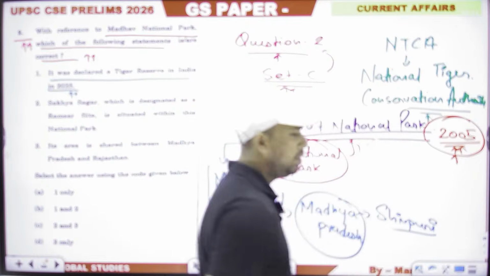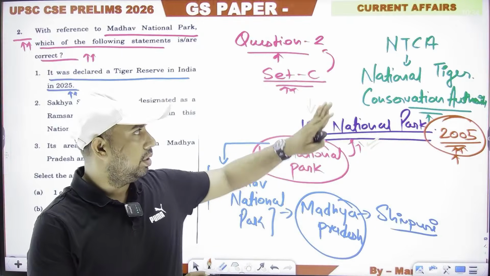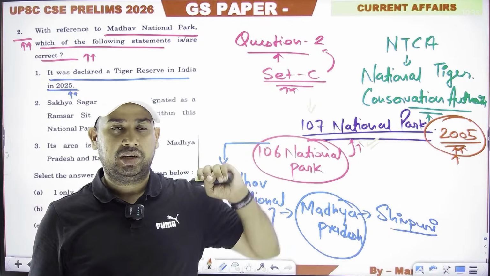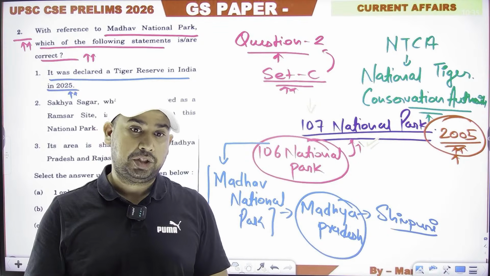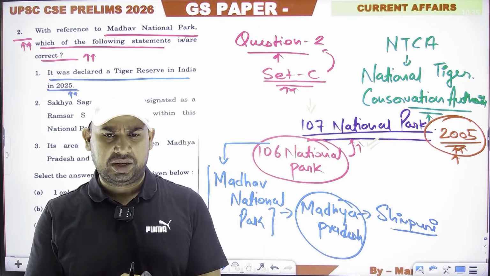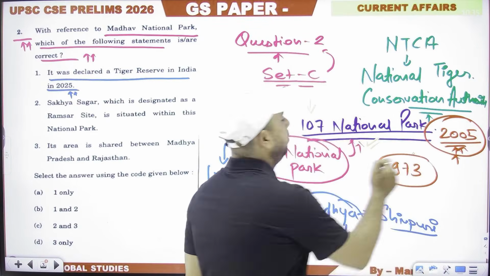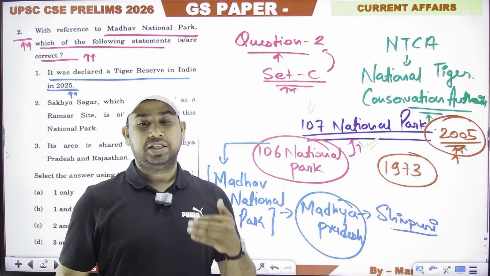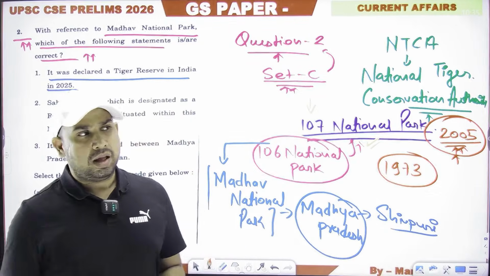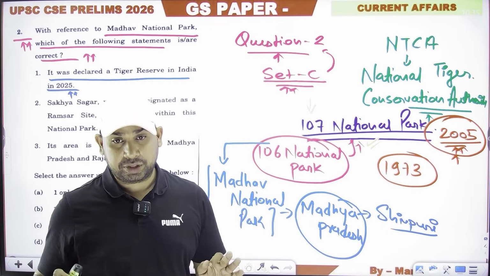It works under the Ministry of Environment, Forest and Climate Change, and the main purpose of this organization is to protect and conserve the tiger, because it is an umbrella species, a keystone species of any ecological segment. In India, in 1973, a plan known as Project Tiger started from Jim Corbett National Park, and slowly 58 tiger reserves are now present in India.